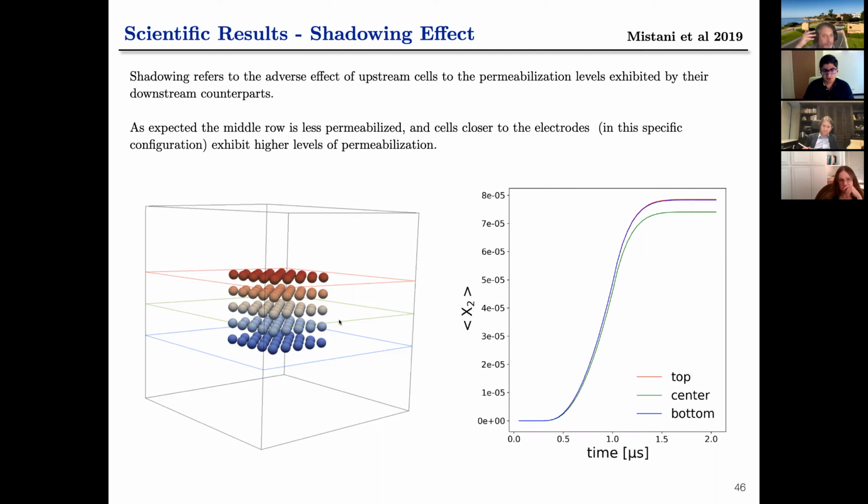We also do the same thing in the mid plane and in the top plane. We would expect that the top plane and the bottommost plane are identical in terms of level of permeabilization, so the curves should exactly overlap, which is reproduced here. So it preserves the symmetries that exist in the problem. And you also have lower permeabilization in the midplane, as I just explained, and observed experimentally.